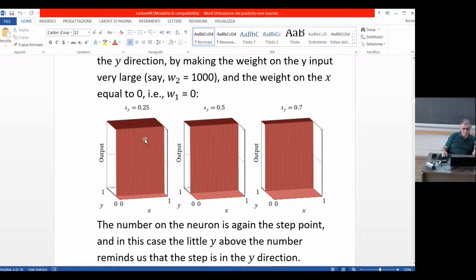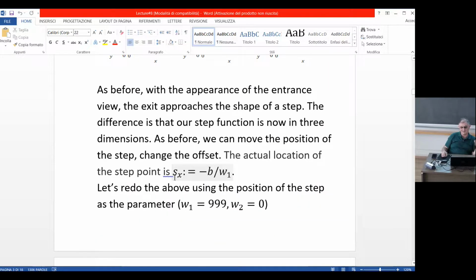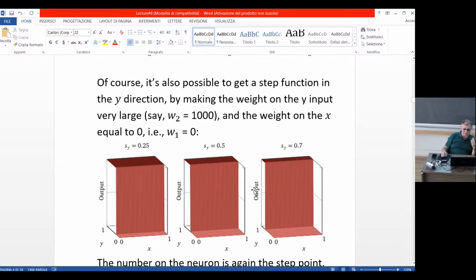We can also choose 0.25, 0.5, 0.7 by the same formula: s_y is equal to minus b divided by W2.